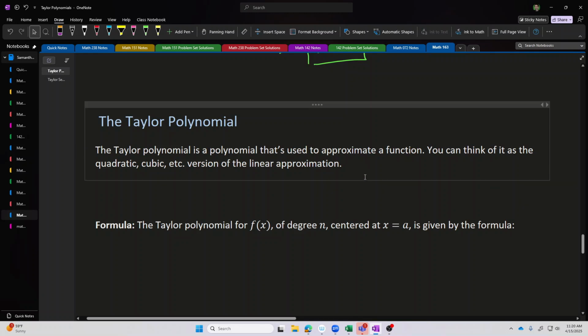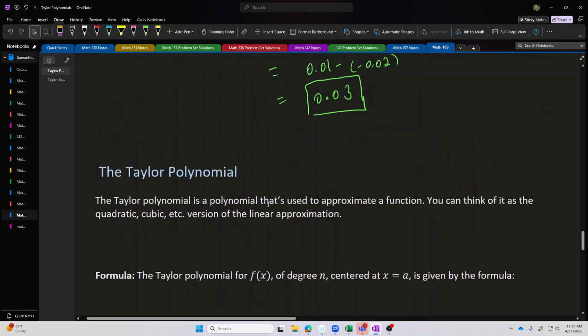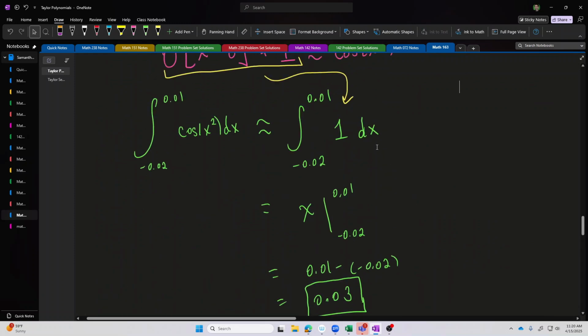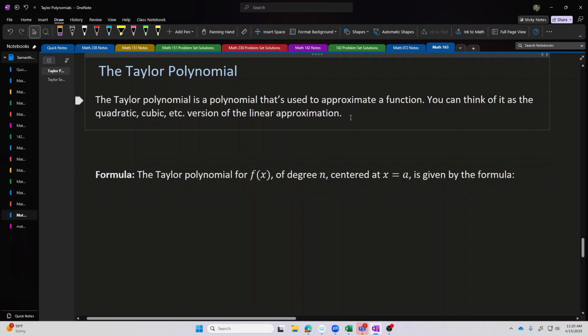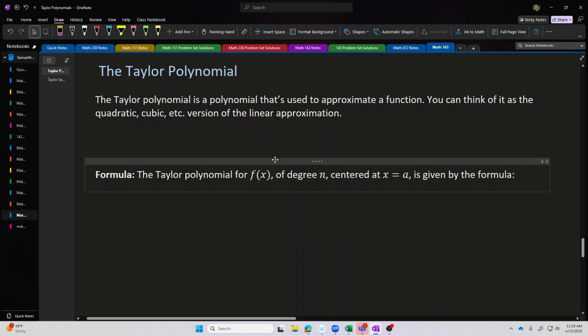Polynomials like that, like quadratics, are also very simple to work with from a calculus perspective. Like you can still integrate quadratic functions very, very easily. So maybe it's useful to approximate functions that are heavily curved using polynomials, using quadratics, for example, which are also curved.